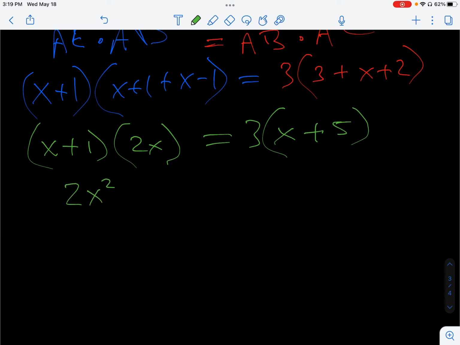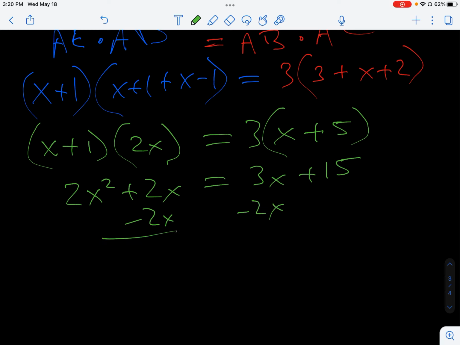We're going to have 2x squared plus 2x equals 3x plus 15. Well, let's put our x's together, first of all. These cancel. We end up with 2x squared equals x plus 15.